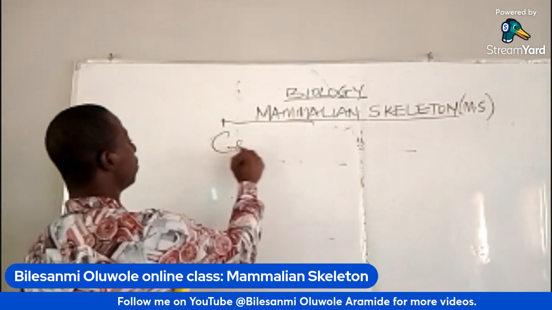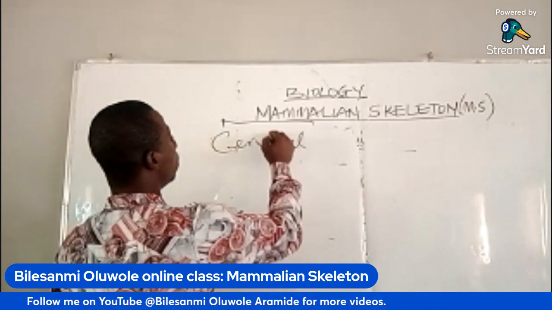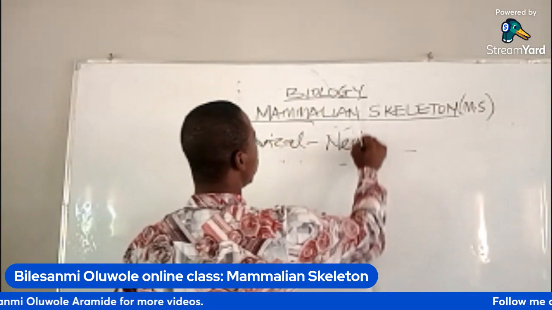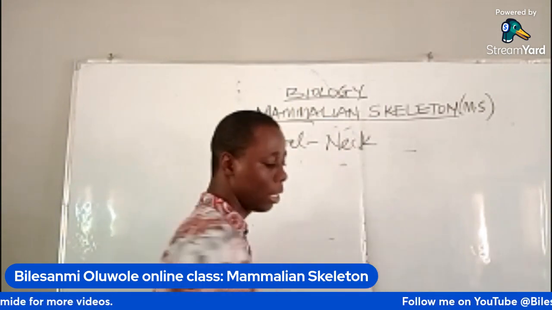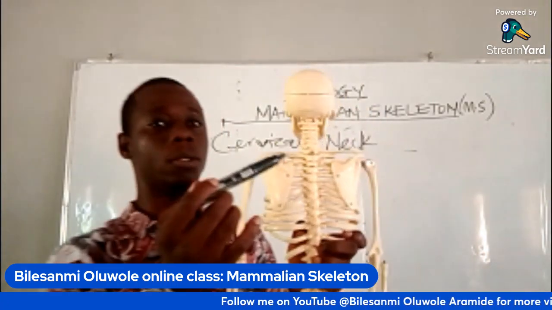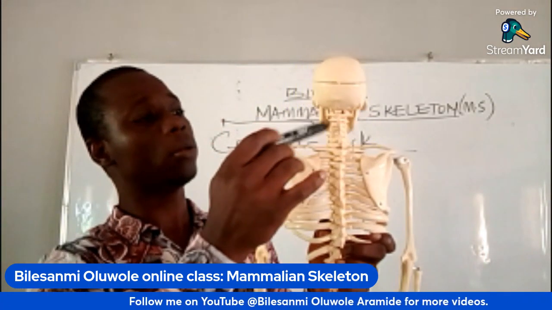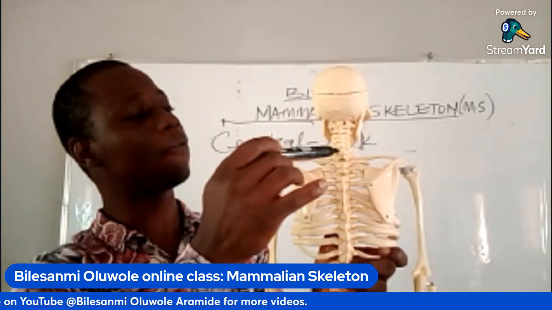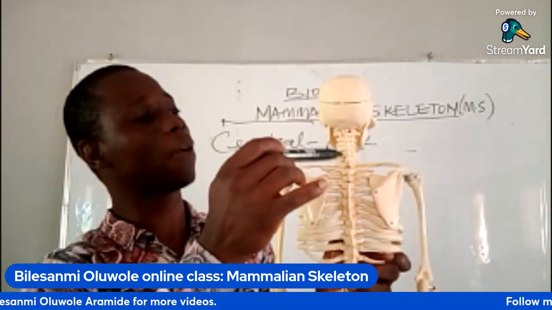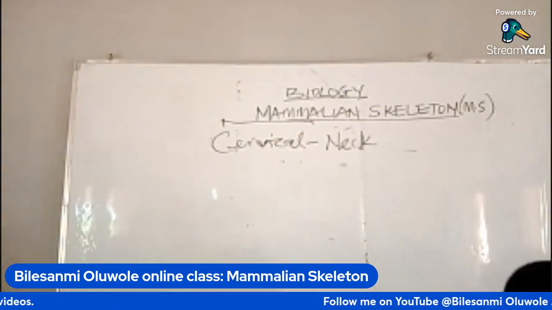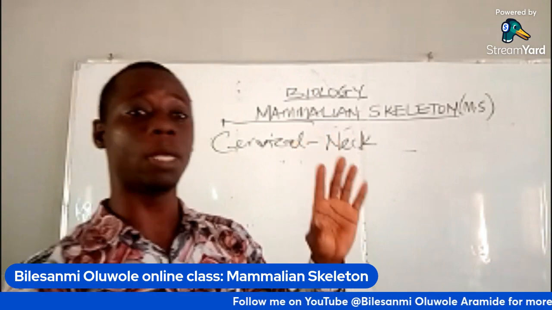The cervical vertebrae are found at the neck region. So that means immediately after the skull, down to here, the neck, that is where you can find the cervical vertebrae. And lest I forget, the first two cervical vertebrae are distinct.